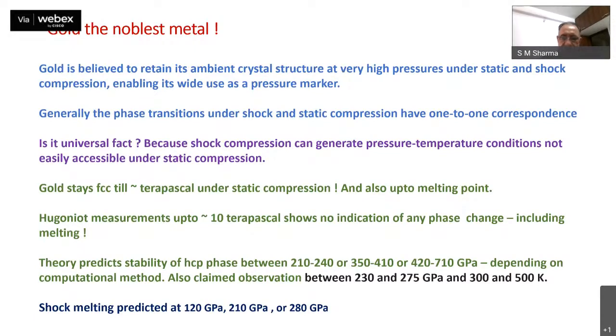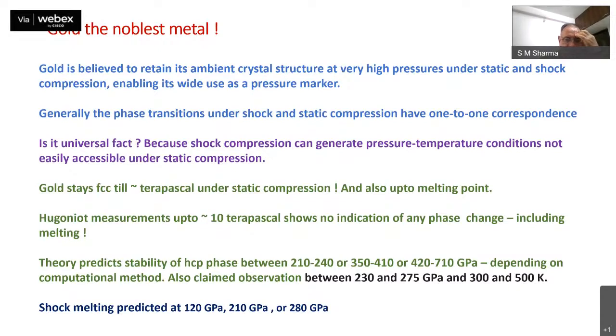And of course, theoreticians have ventured into trying to find out what could possibly be the structures which gold can have at higher compression. And there are widely different results. People predict a hexagonal close pack phase between 210 to 240 GPa, another group 350 to 410, and still another 420 to 710, depending on the computational method they use. So almost all of them said the FCC phase should transform to the hexagonal close pack phase at very, very high compression.